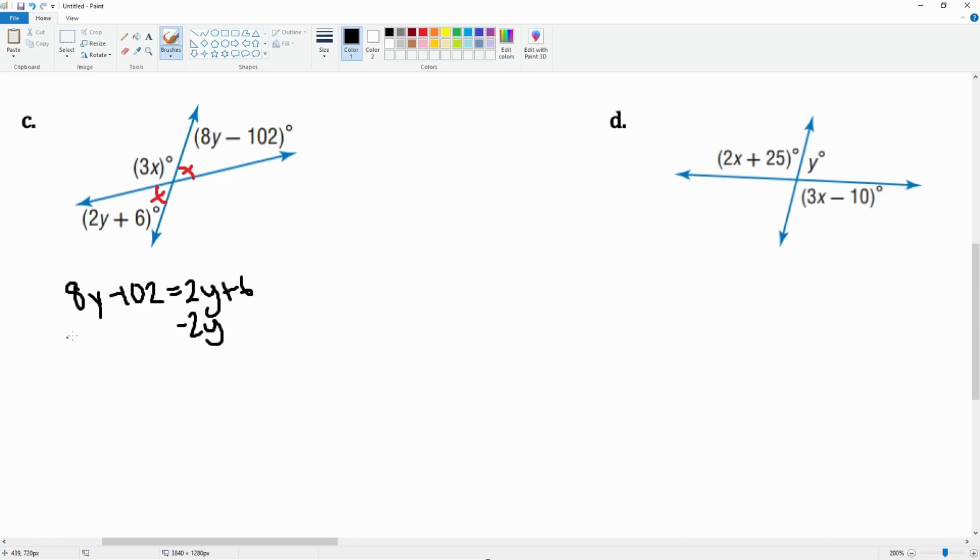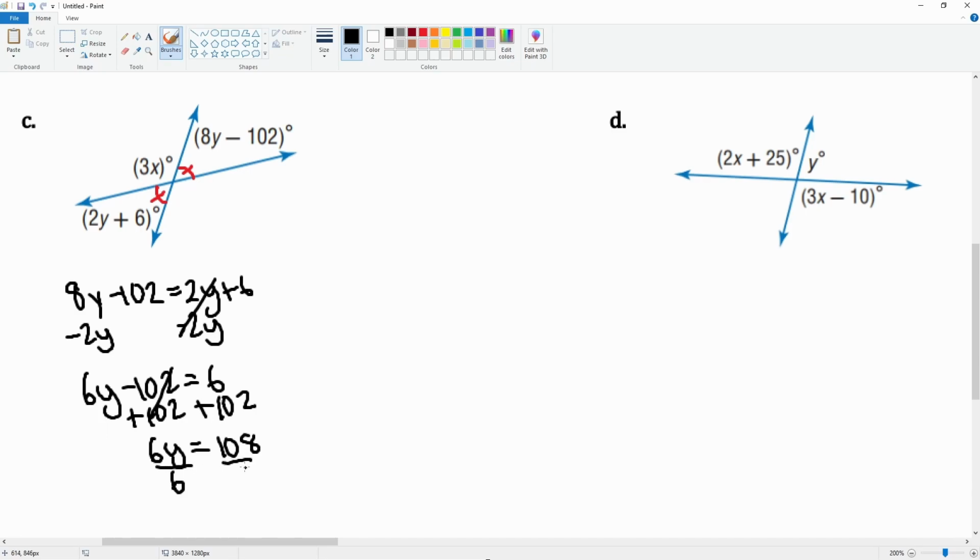Minus 2y, this cancels, and this gives you 6y minus 102 equal to 6. Add 102 to both sides. The left side cancels. 6y is equal to 108. Divide by 6 on both sides. This leaves y equal to 108 divided by 6. That is 18 for y.